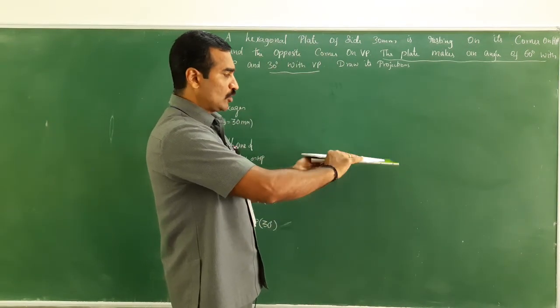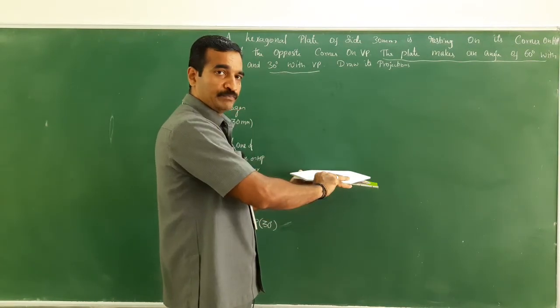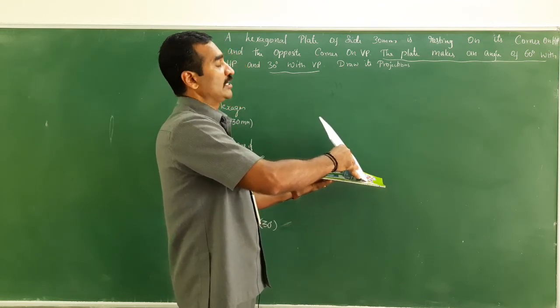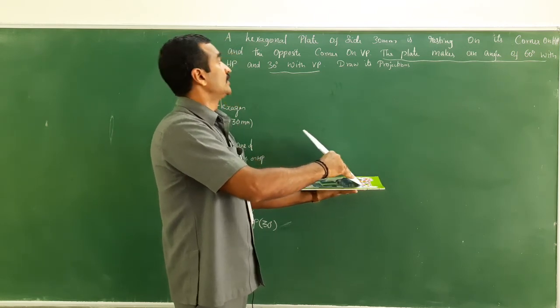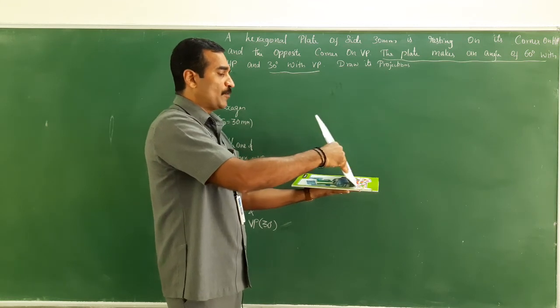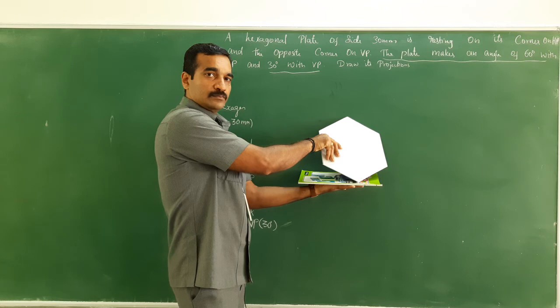If it becomes 0, then you will see the true shape on HP. The second stage is 60 degree with HP. The third stage is something like this. It has been turned 30 degree with VP. The opposite corner is on VP.